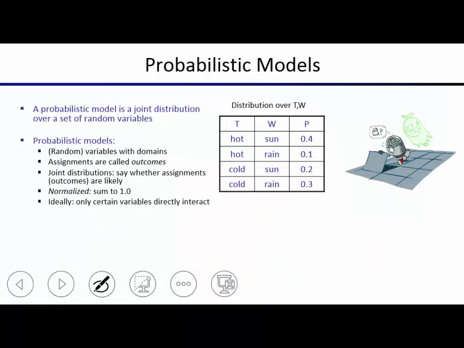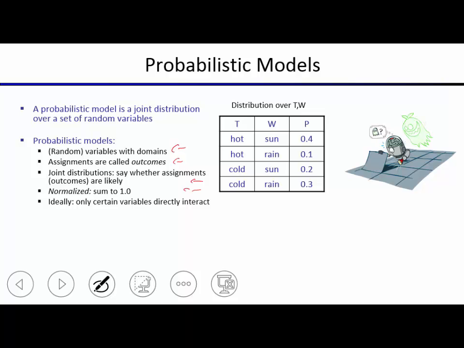Okay, so what is a probabilistic model? A probabilistic model is essentially just a joint distribution over a set of random variables. Each random variable will have a domain, assignments, we will call outcomes, what could happen to that random variable once it's known what its value is. Joint distributions encode which assignments are likely and less likely.